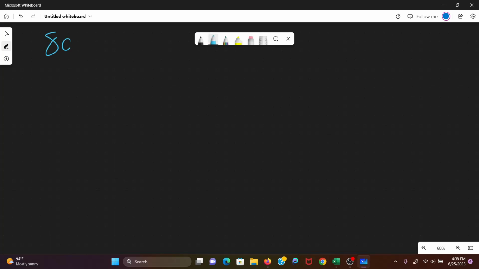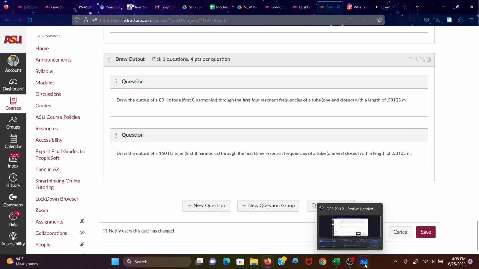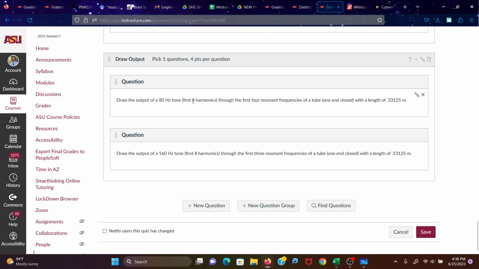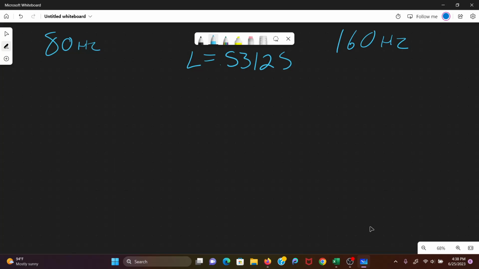All right. One is 80 hertz, one is 160. One's 4 resonant frequencies, one's 3. Here we're going to do 80 hertz. Here we're going to do 160. In both cases, the length equals 0.53125. What are the first 8 harmonics of 80?